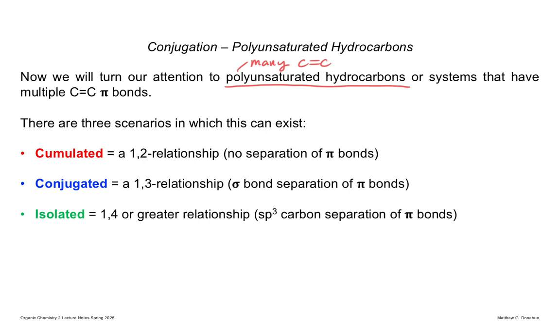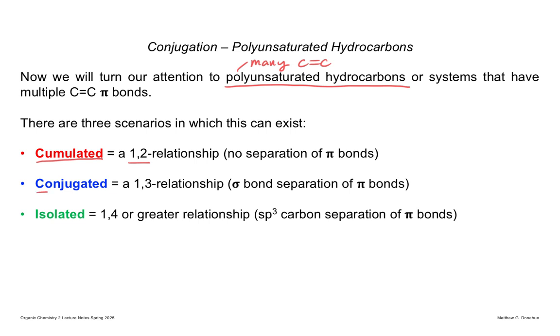So the three scenarios that we can have are accumulated, shown here in red. That is a 1-2 relationship between the pi bonds, meaning that they're both joined together. There's no separation of them.